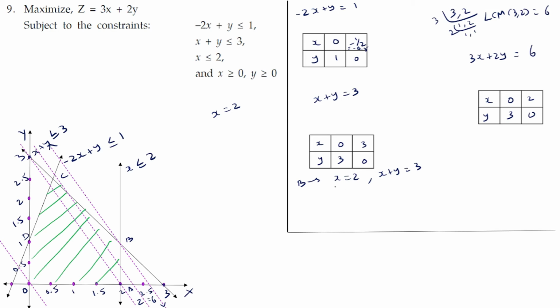So the x coordinate is 2. If we put x as 2 here, we get y as 3 minus 2, it is 1. So the coordinates for B is 2, 1.